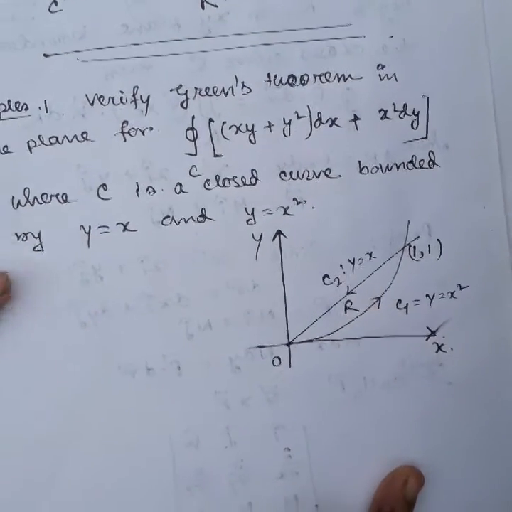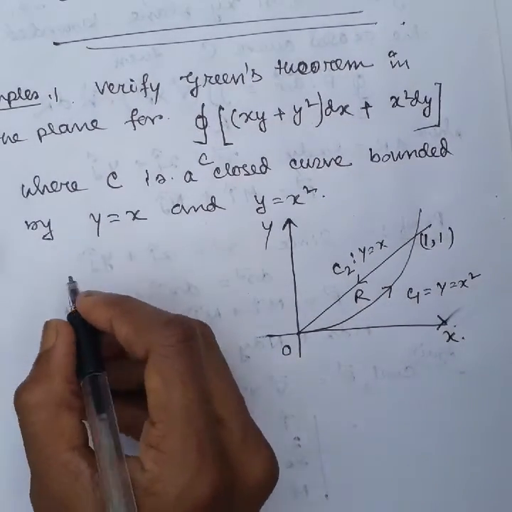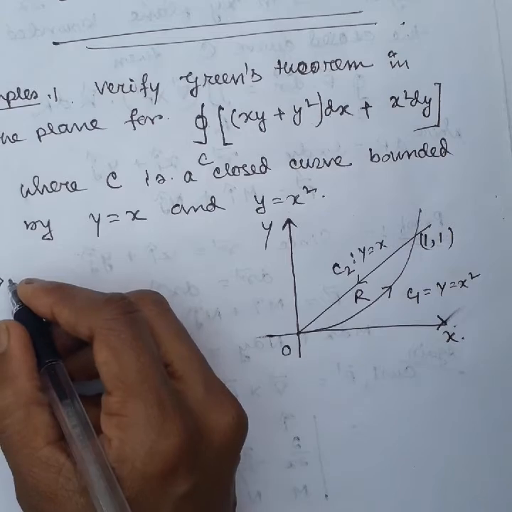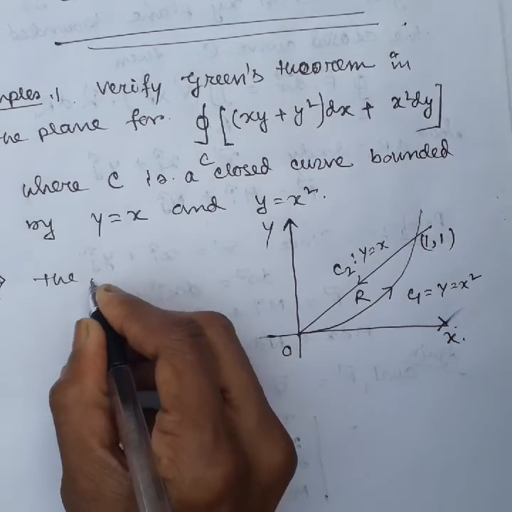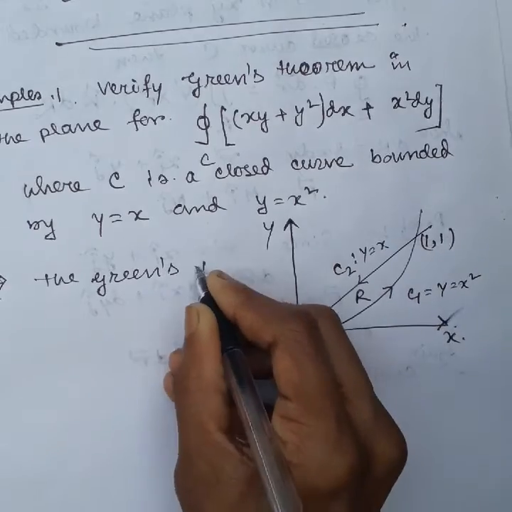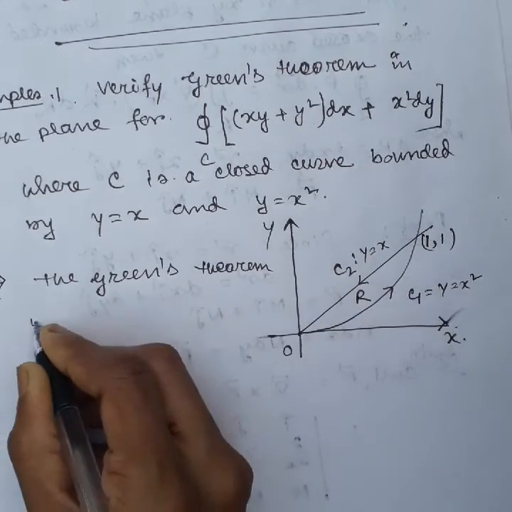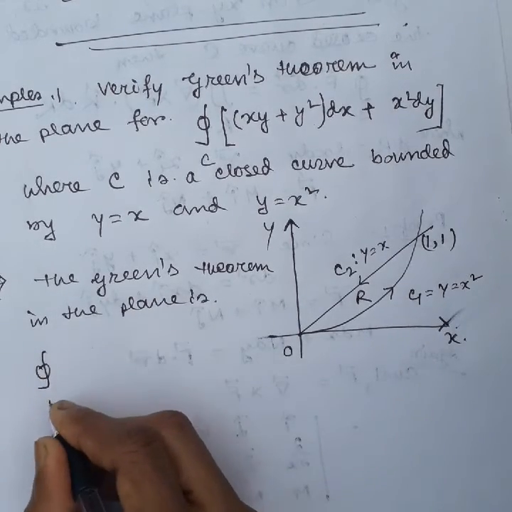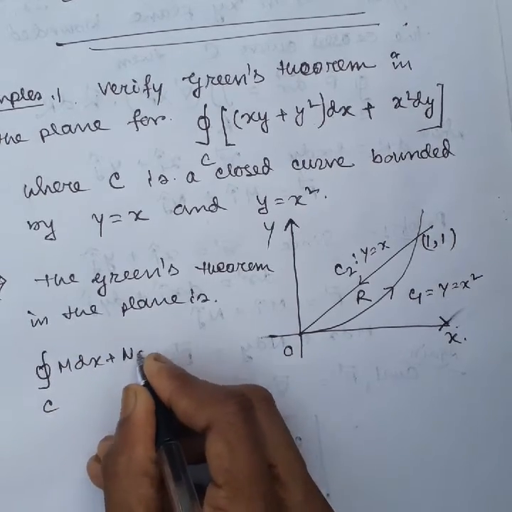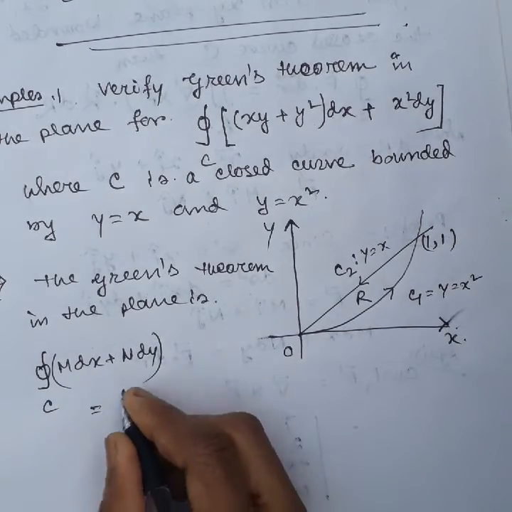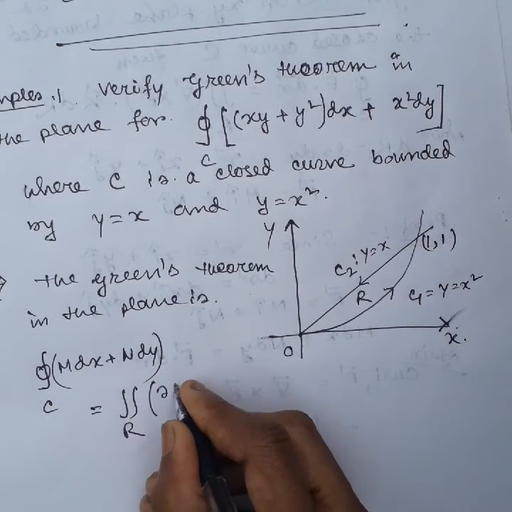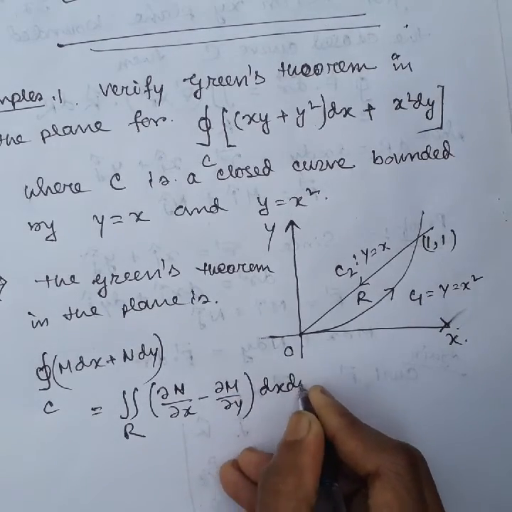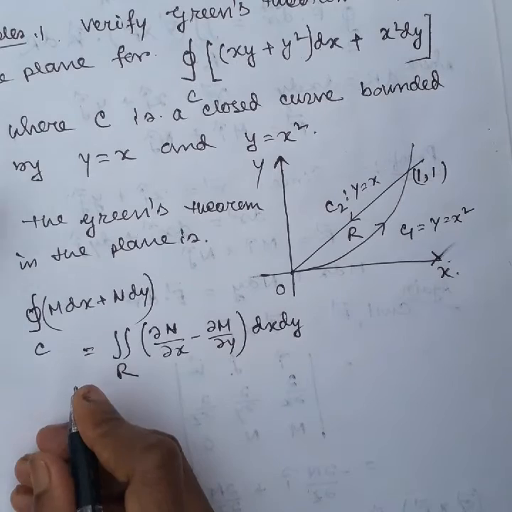So this is our region R. The Green's theorem in the plane is the integration along C of m dx plus n dy, equal to the double integration over the region R of del n del x minus del m del y dx dy.